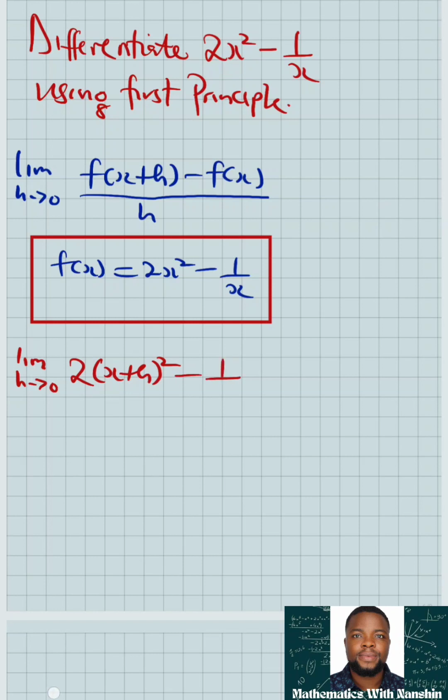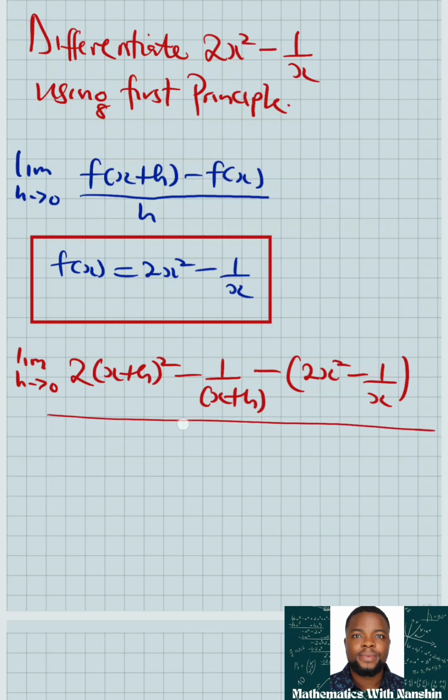Instead of minus 1 over x, write minus 1 over x plus h, then minus f of x, which is the function itself. This is the function 2x squared minus 1 all over x. And everything here is all over h. From this formula, we have this now. We can go ahead and simplify.